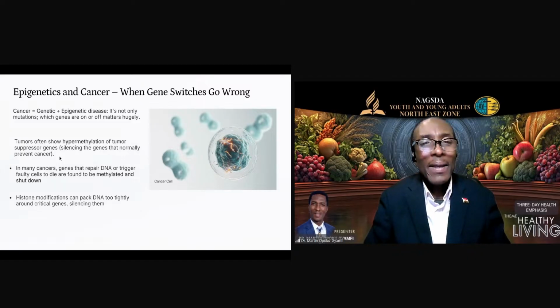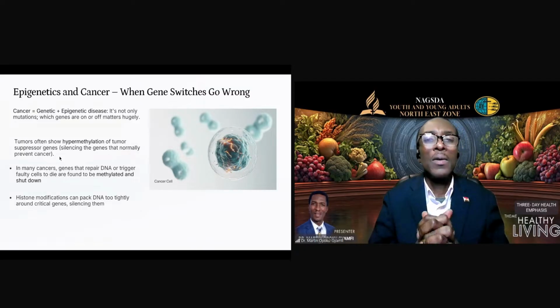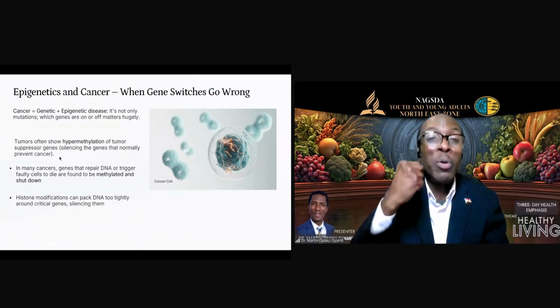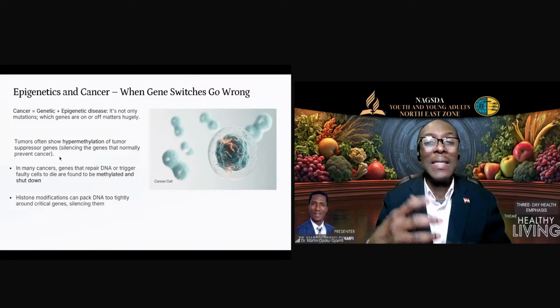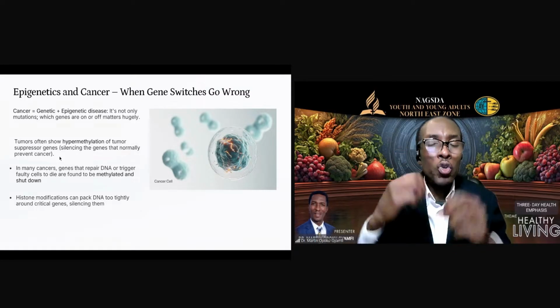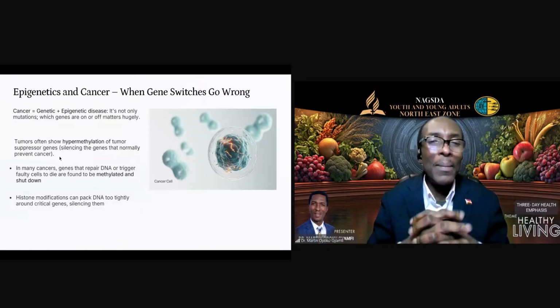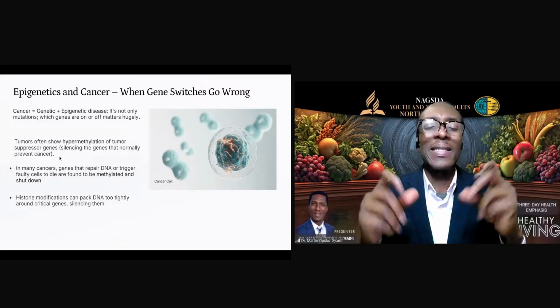So if you like fried chicken, deep fried chicken, you are creating epigenetic tags that have the potential to suppress the tumor suppressor genes, and that have the potential to suppress the DNA repair genes, and that have the potential to suppress the genes that make cancer cells commit suicide.